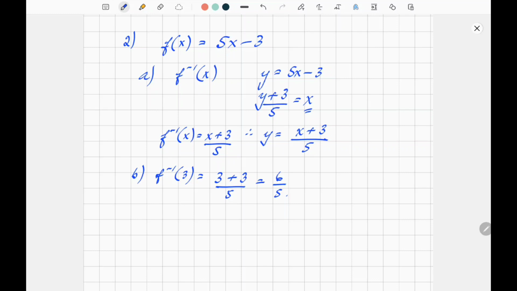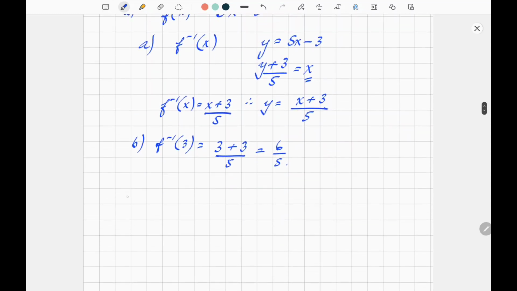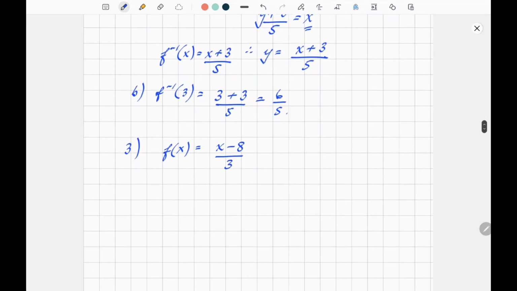Now we've got slightly more complex ones. Question 3. f of x equals x minus 8 divided by 3. And same thing again. By this stage, you should probably be able to do these things without even thinking.